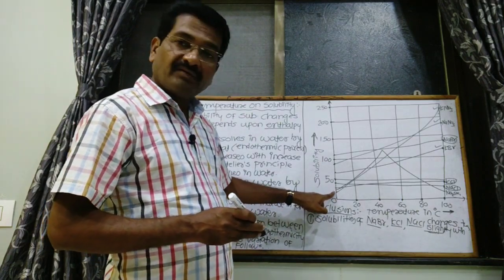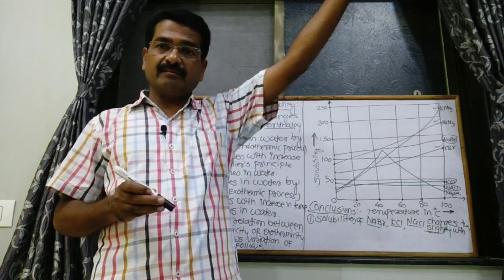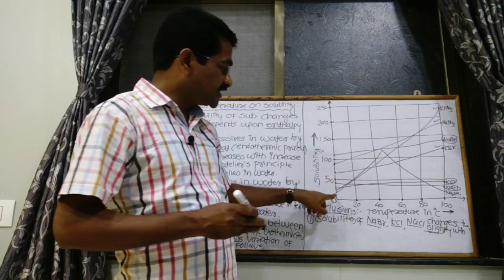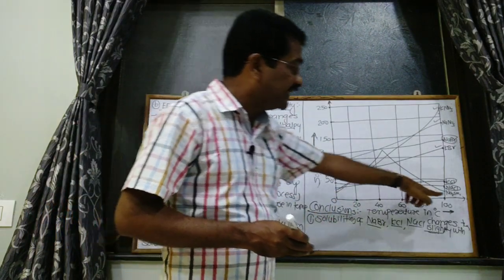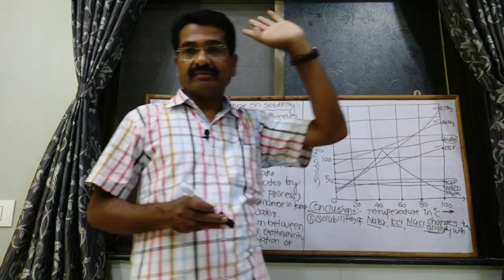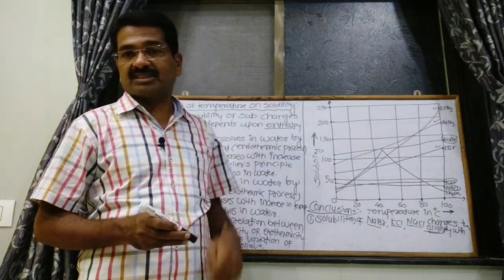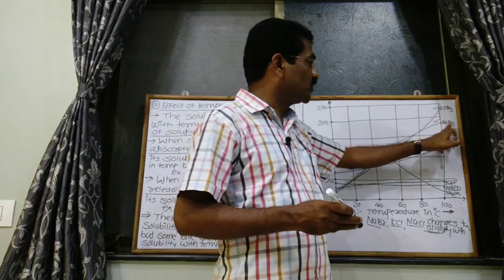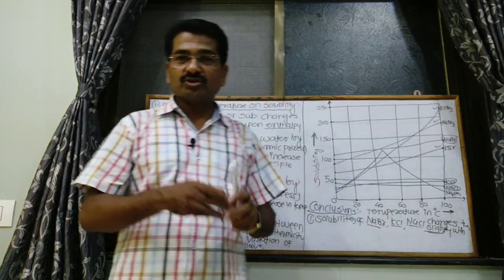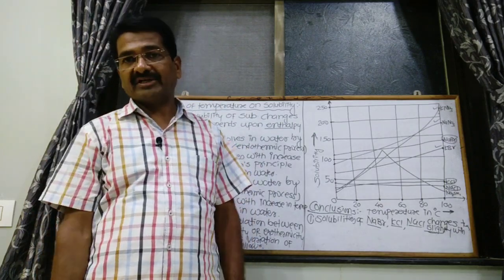But as temperature increases, its solubility increases appreciably fast. When the temperature of KNO3 is 100 degrees Celsius, its solubility is very high, nearly about 250. So the second conclusion is: salts like KNO3, NaNO3 and KBr change in solubility appreciably with increase in temperature.